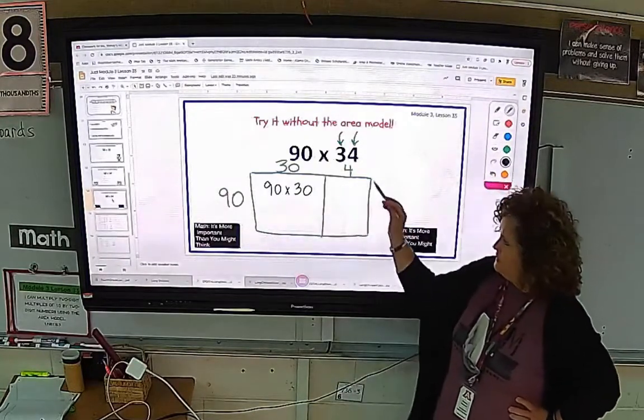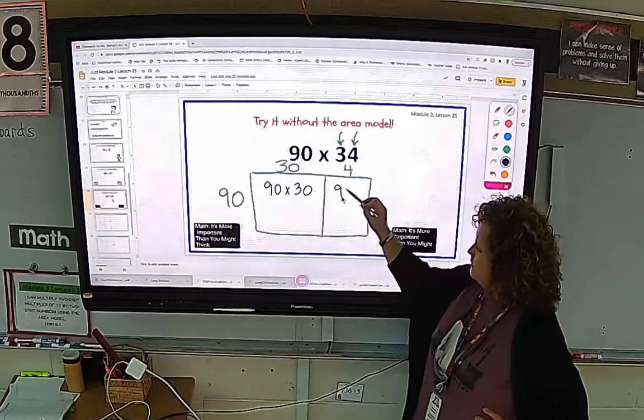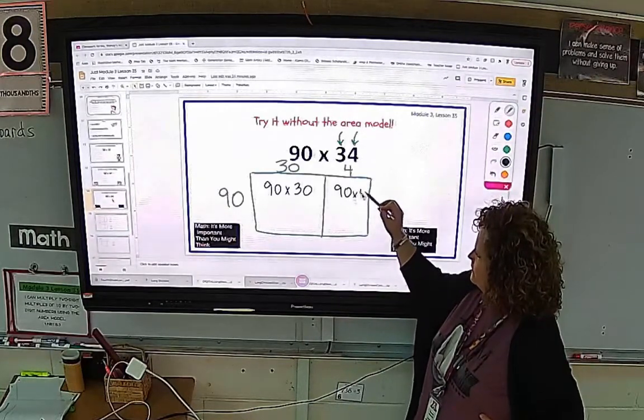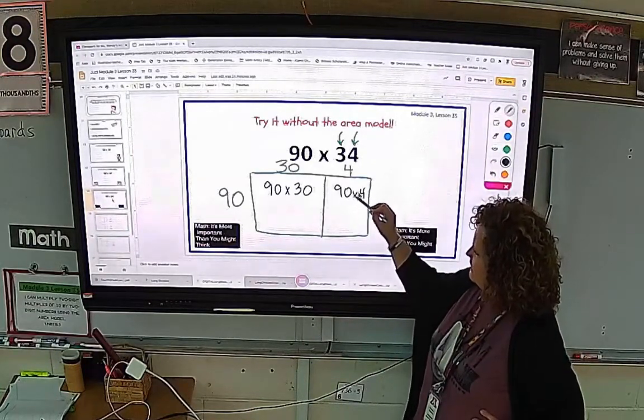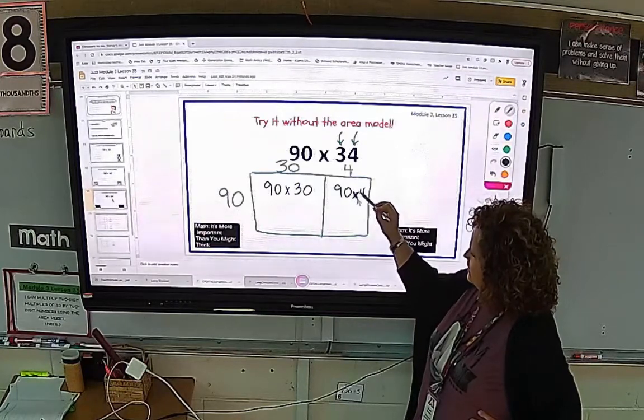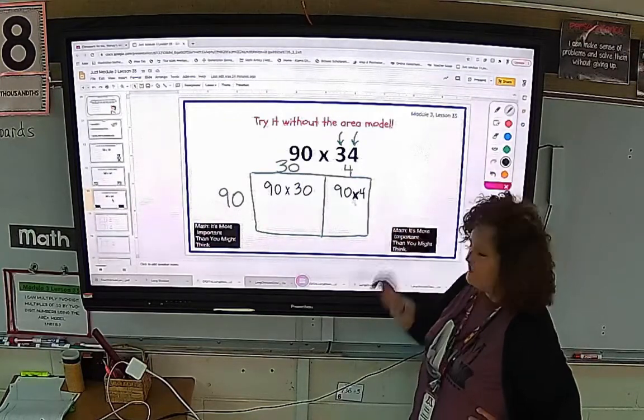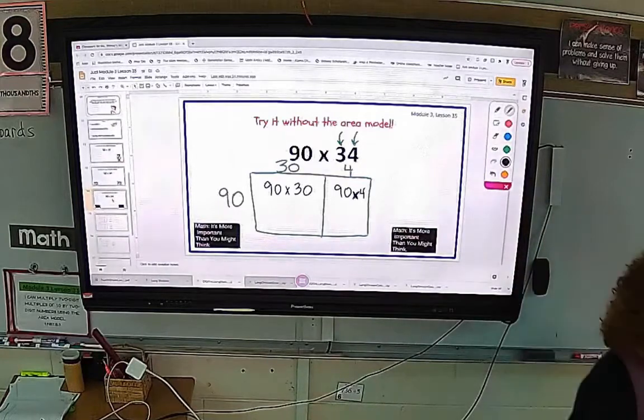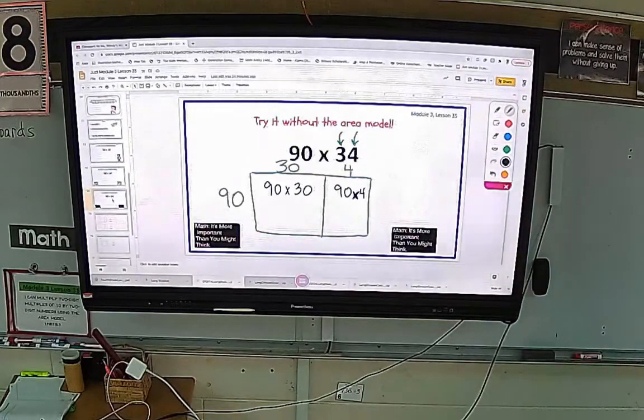This times this. 90 times 4. See, the thing with math is that when I multiply, I can pull something apart and multiply all the parts and add them together. I'm still going to get the same number as if I left them as big numbers.